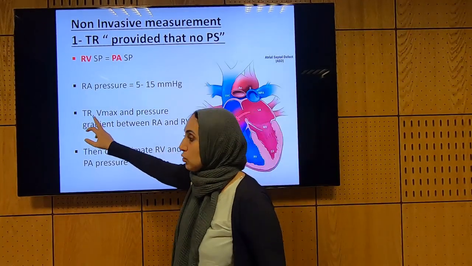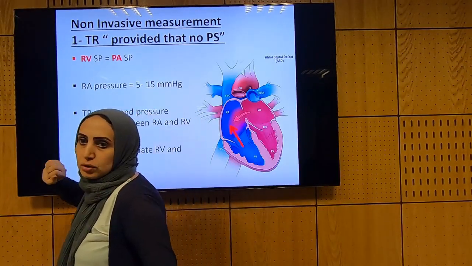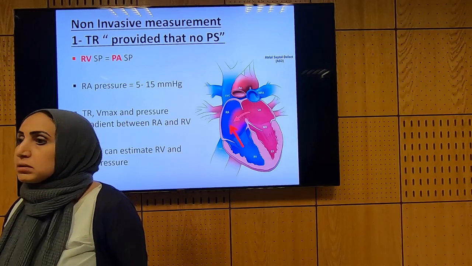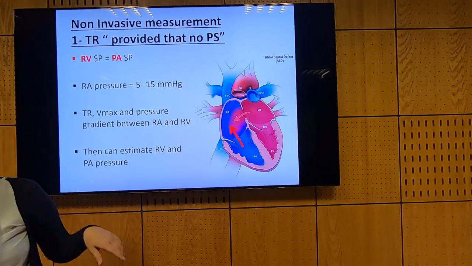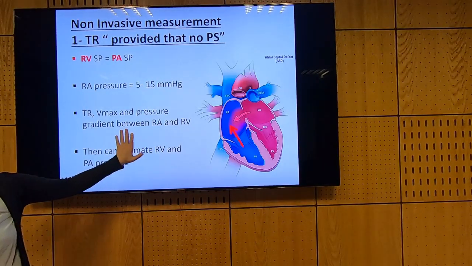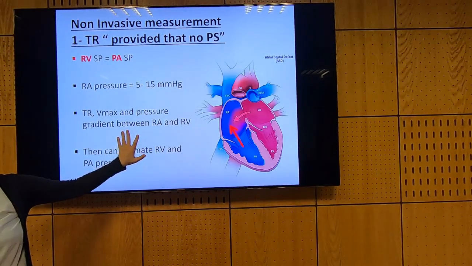If I have tricuspid incompetence and I can measure the velocity of the blood across the tricuspid valve, like in the previous example, 4 meters per second, then I get the pressure gradient, right?